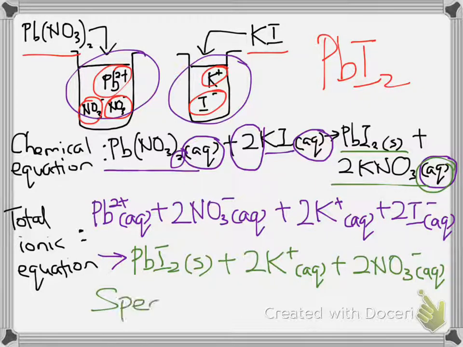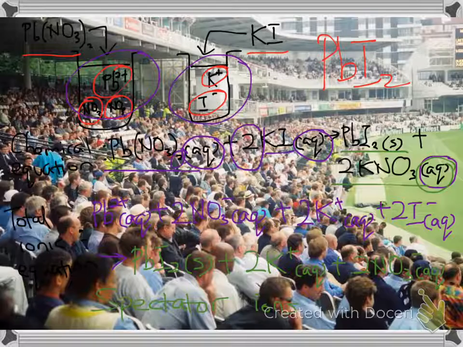Now at this point of time, I want to introduce this term known as spectator ions. Now, what do I mean by spectator ions? Let's try to think about what spectators do at a match, for example, a football match. In a football match, the spectators simply sit by the sides and watch the match take place.